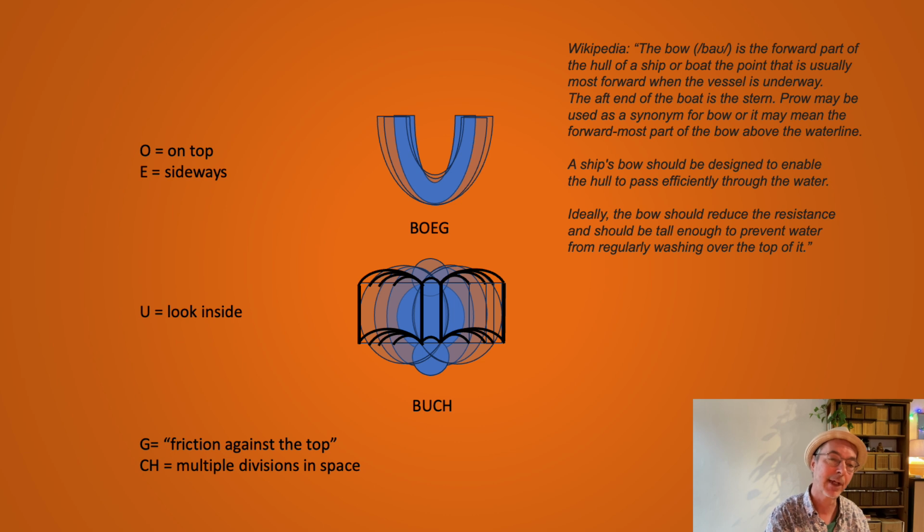So the perspective is different from a 3 or 4 dimensional view, and in that way it will make it fit. The G as a friction against the top will be softened with these multiple choices that you will get near the same border, let's say.